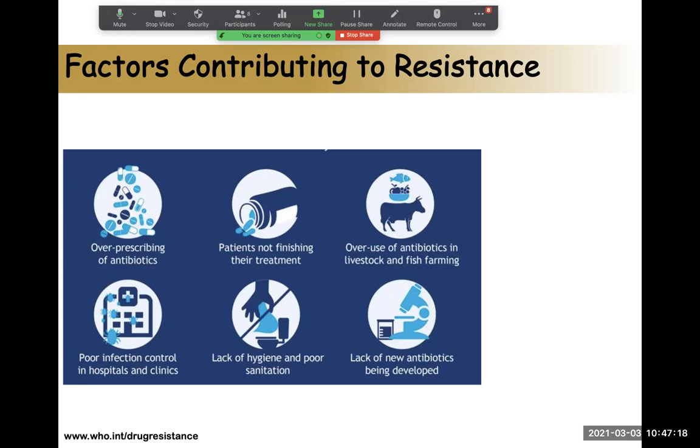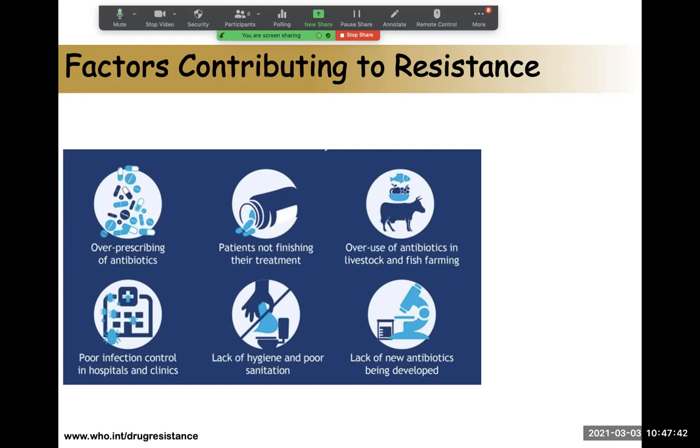If you don't come back with your second round of antibiotics to kill them, now they will develop resistance. So you must finish your course of treatment. And then the other reason is also overuse of antibiotics in livestock and fish farming. All farmers want healthy animals. They want to make a lot of meat, either chicken or beef or lamb, it doesn't matter.